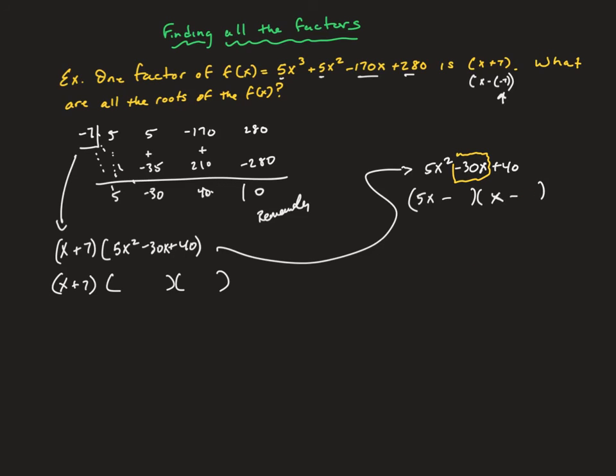I'm going to put 20 over here and 2 over here, and when I multiply negative 20 times x, it is negative 20x, and then 5 times negative 2 is negative 10x, so together that gives me negative 30x. So I can say my other factors are 5x minus 20 and x minus 2. So there you go. Those are some potential factors.